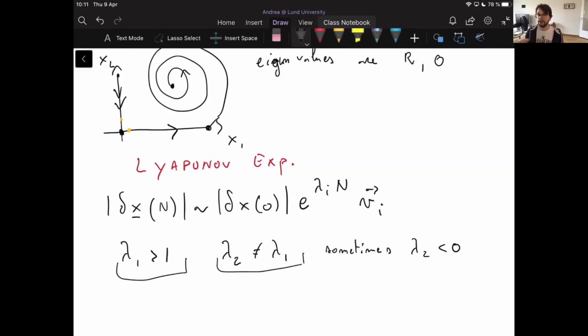So you order them by number, and in this way you can see if there are many eigenvalues with positive sign and greater than 1, which indicates whether this is going away from the fixed point or not.